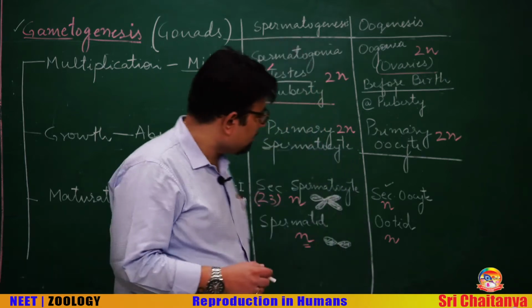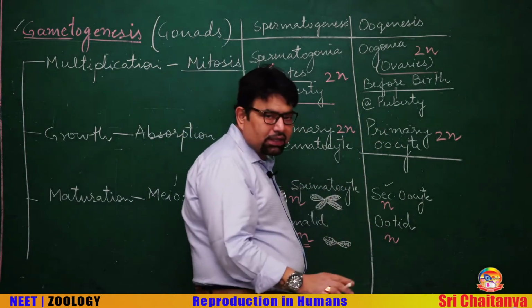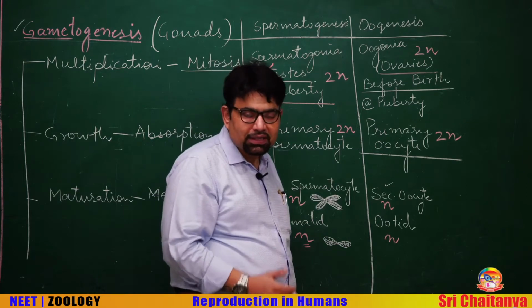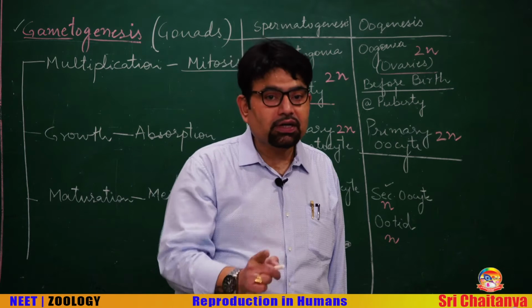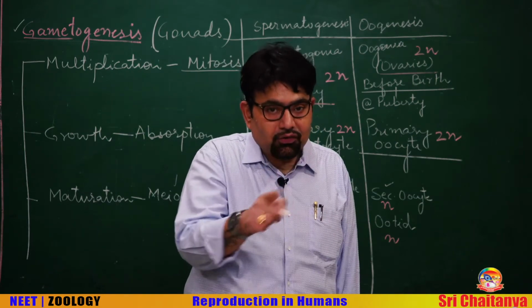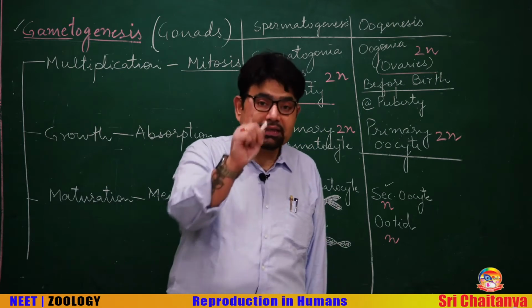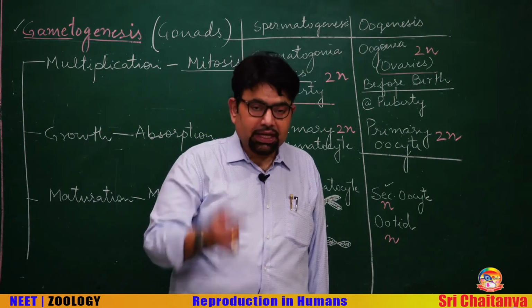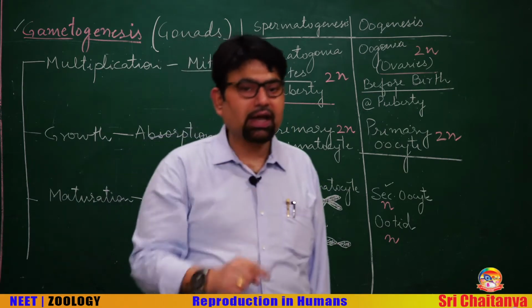Remember, till that time it is arrested at diplotene, and now due to a surge of certain hormones this begins. So, at puberty the further formation of the egg begins, and that is the beginning of the menstrual cycle in girls.